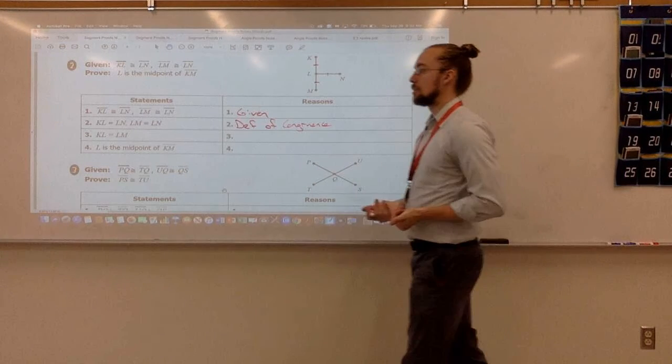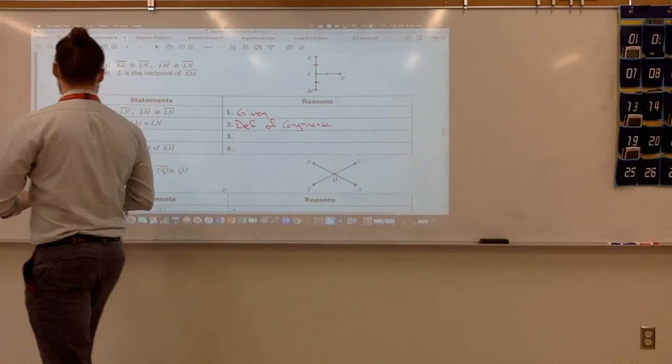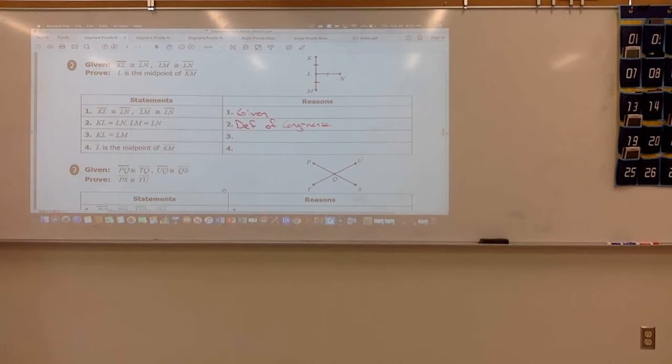Well, now they just claim that KL is equal to LM. How can I do that? So looking at the information in line 2, how can we claim that KL is equal to LM? Not yet.